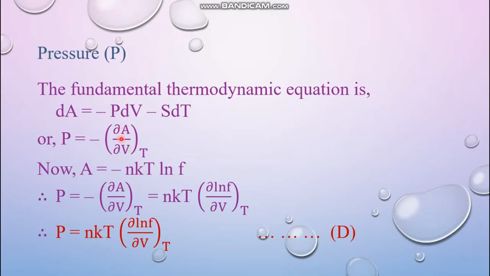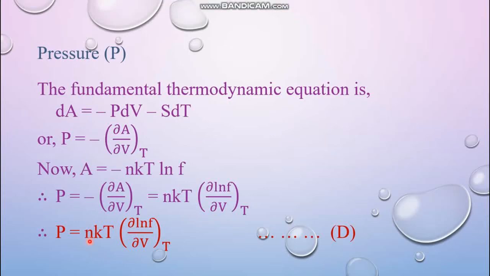What should be the result? The result is very simple: NkT d ln F by dV. That is the expression of pressure P, and here equation D is obtained. It's very easy.